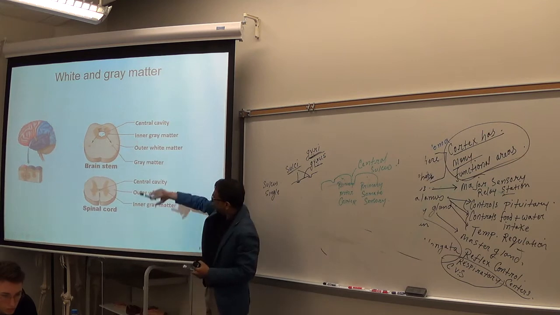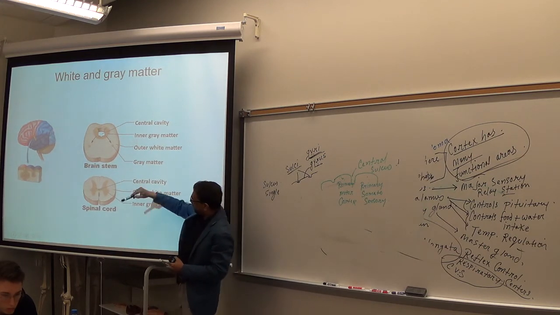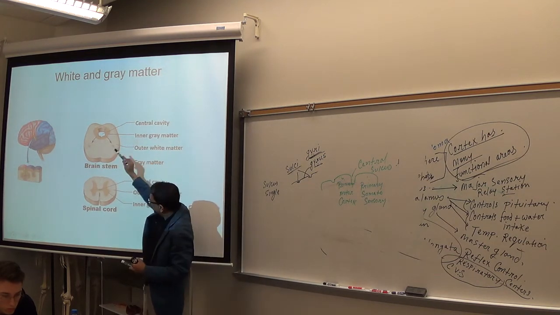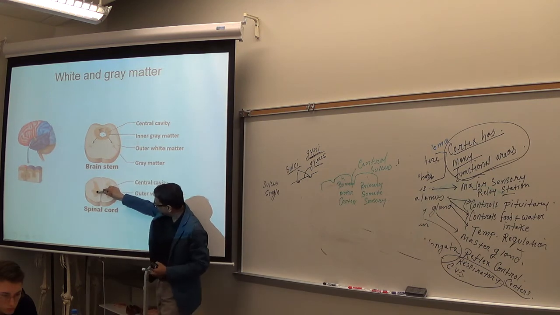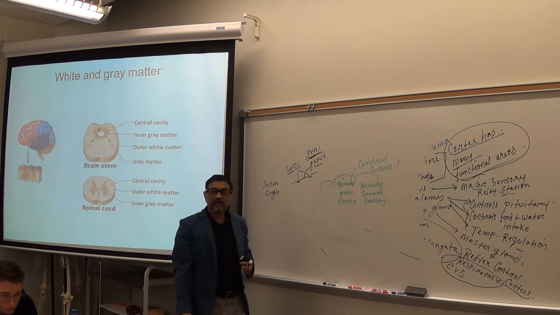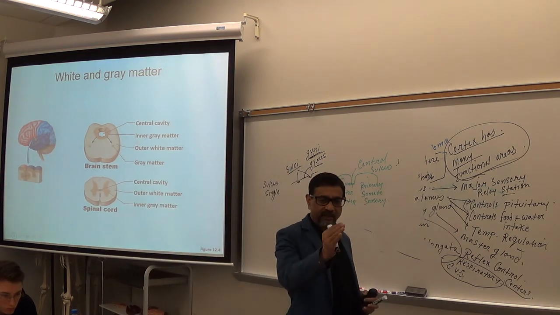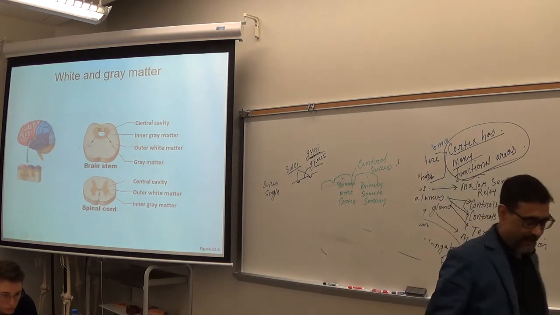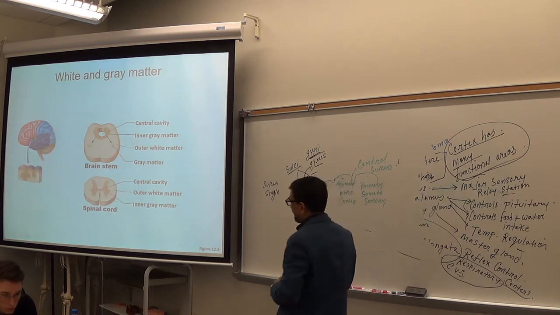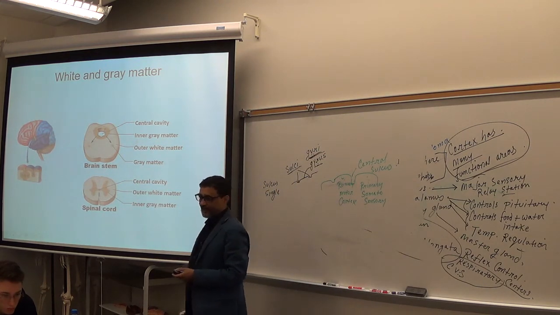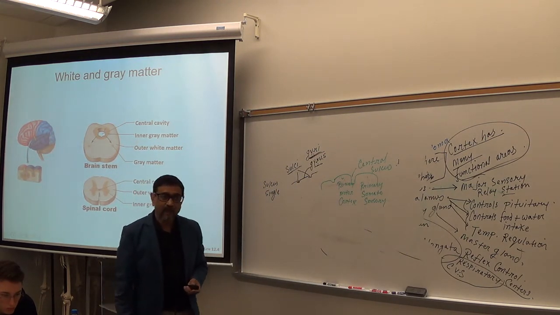If you cut the brainstem and spinal cord, it is kind of opposite: the outer part is white matter, the inner part is gray. Make sense? So in the cerebrum, the outer layer is gray, which is the cortex, and the inner part is white. In the brainstem and spinal cord, the inner part is gray, the outer part is white.